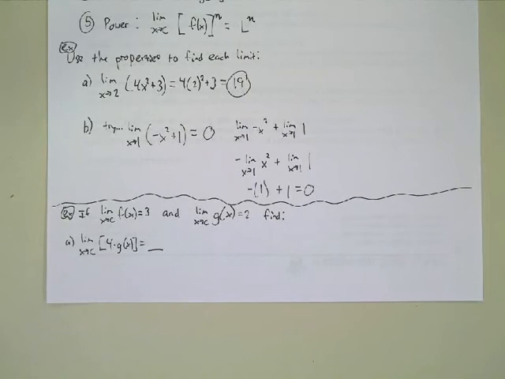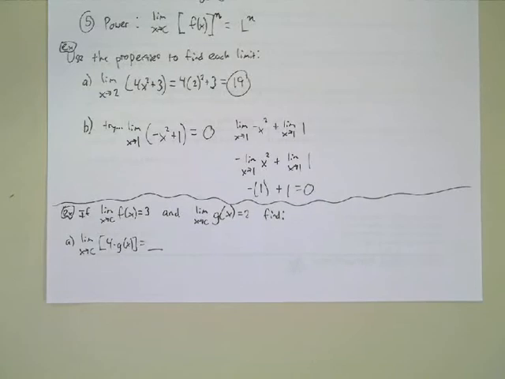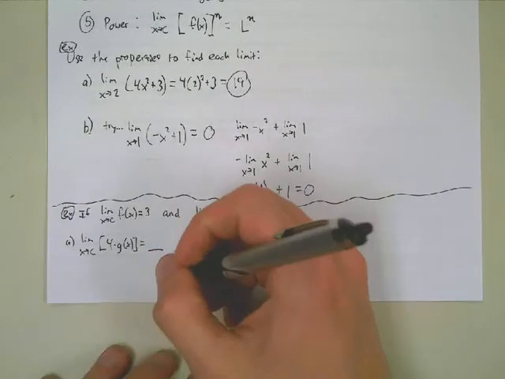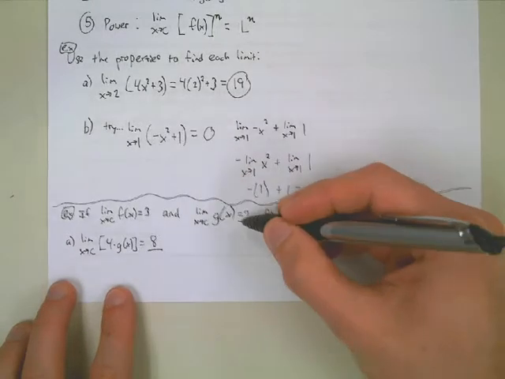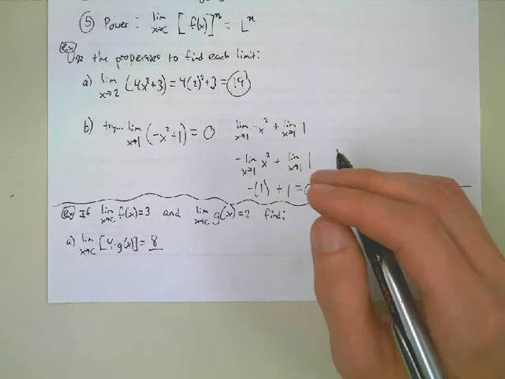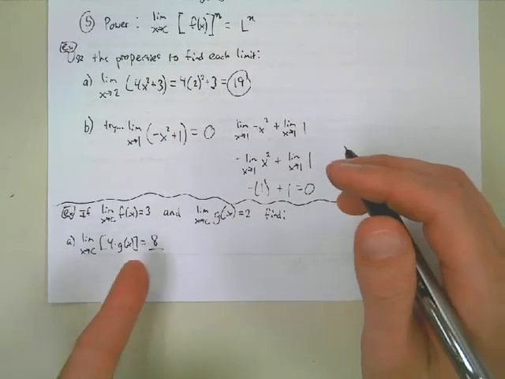Using our properties here, what do we really need to do for letter A? What is the limit? What's going to be our answer here? Just 8. g of x goes to 2, so 4 times g of x, using that scalar multiple property, 4 times 2 gives you the 8. Okay.